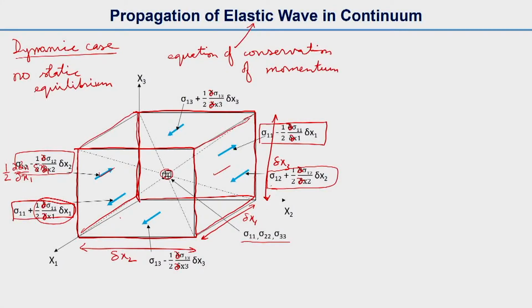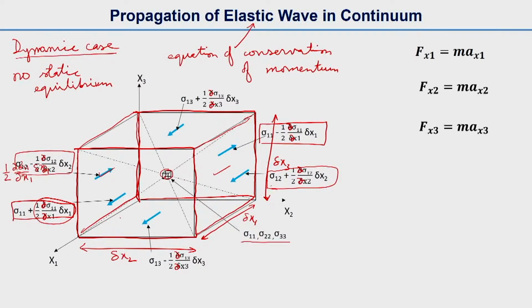For shock waves, which we may discuss later, we may need conservation of mass and energy as well, but in this case we will go with the equation of conservation of momentum.